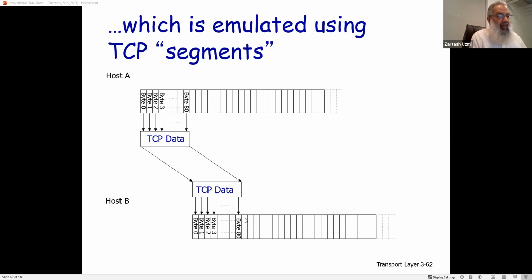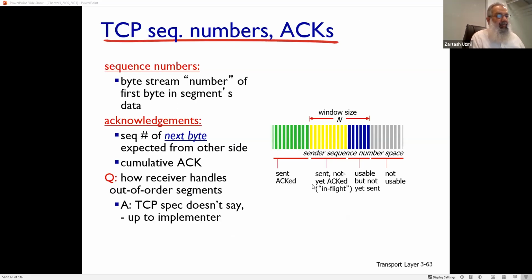So it's expecting a segment starting with byte number 81, but instead it receives something of a subsequent number. So फिर क्या करेगा?